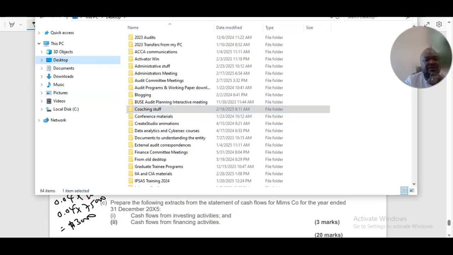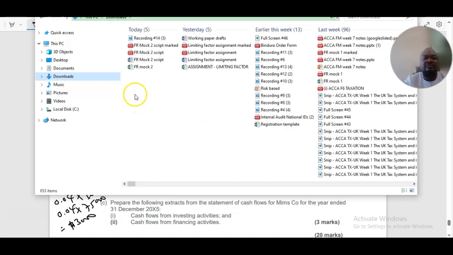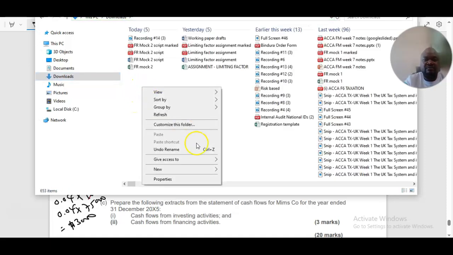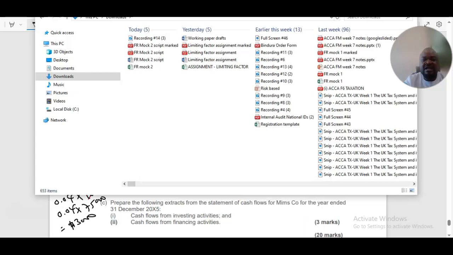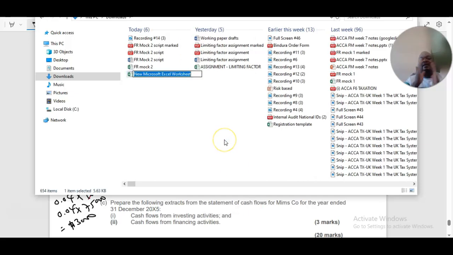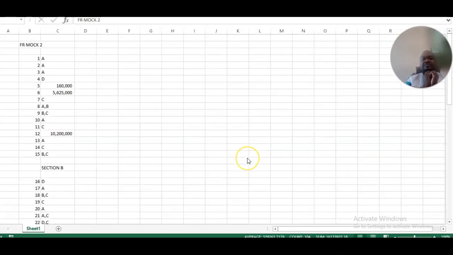Okay, what's going on? Sorry to take much of your time, guys. I'm trying to open an Excel sheet. Okay, my computer is very slow.